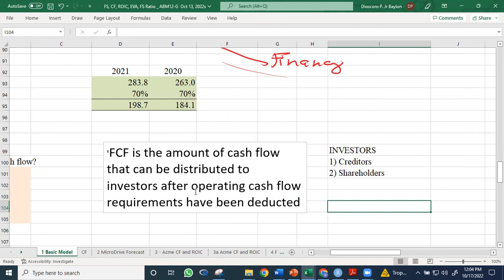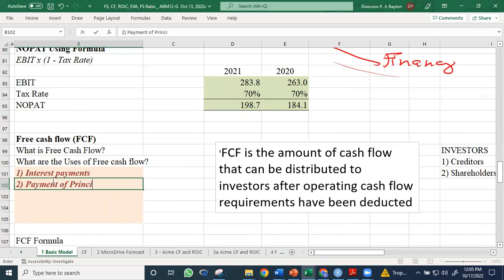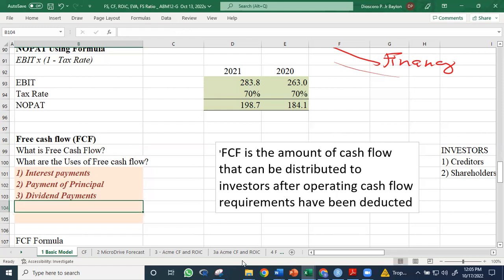And then, after that, pwede nang i-allocate sa creditors at saka sa shareholders. And that's what we call free cash flow. So for creditors, interest payments and also payment of principal. Galing yan sa free cash flow. Sa shareholders naman, dividend payments.